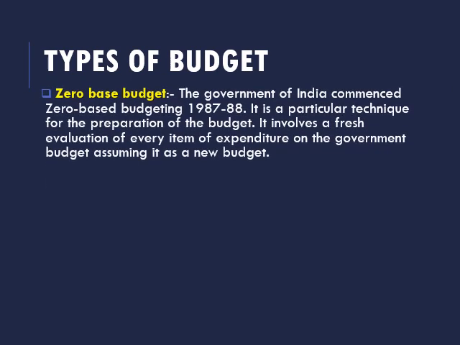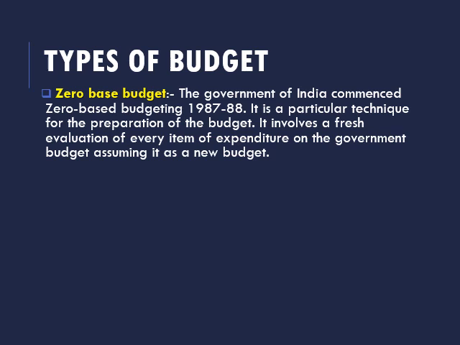Then we have zero-based budget. The government of India commenced the zero-based budget in 1987-88. It is a particular technique for the preparation of the budget. It involves a fresh evaluation of every item of expenditure of the government.